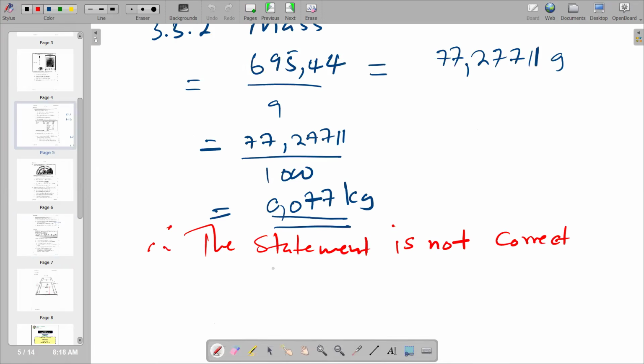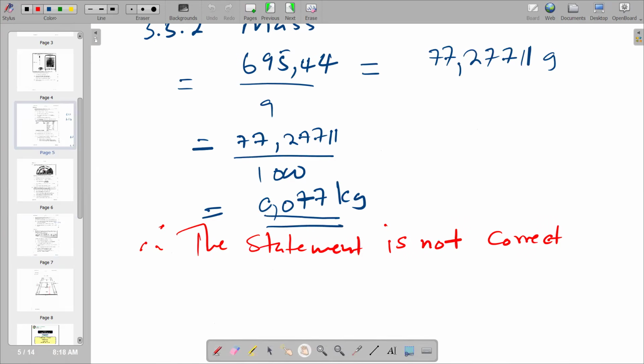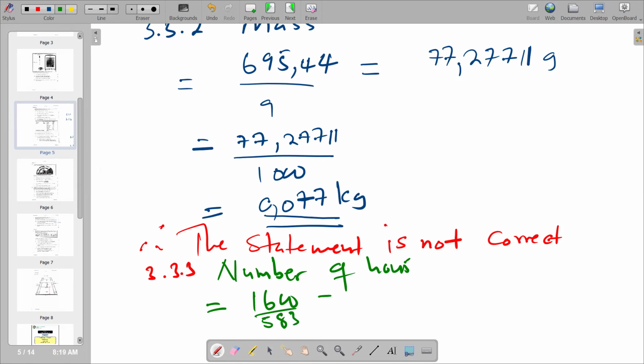So that's how we are going to present this, and we are going to get 2.744 hours. So basically, that becomes our final answer. And from there, we can now move on to the last question on this question paper, which is question 4.